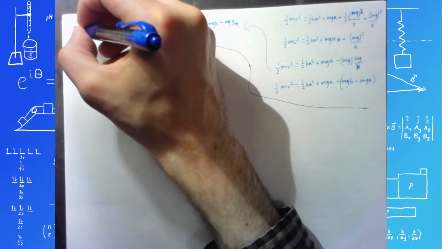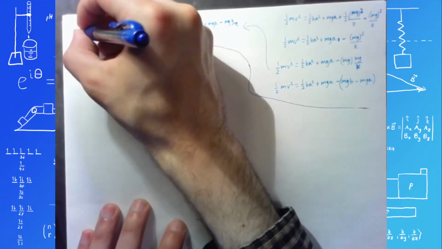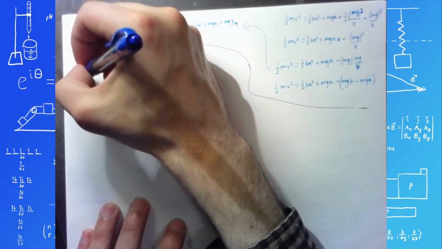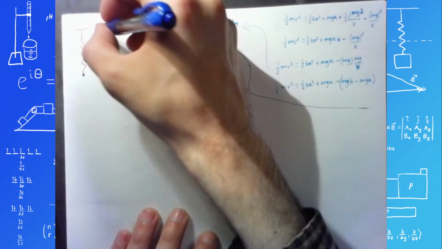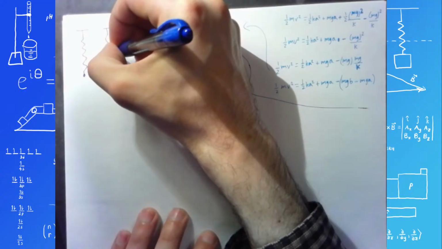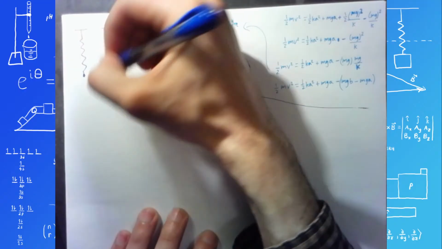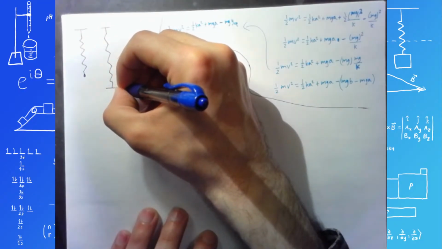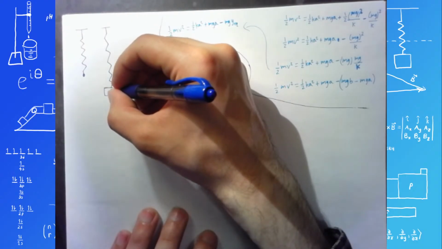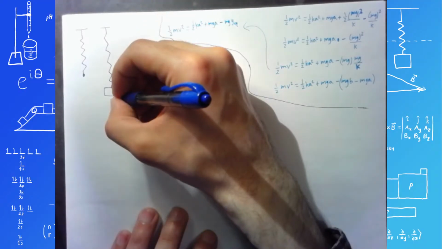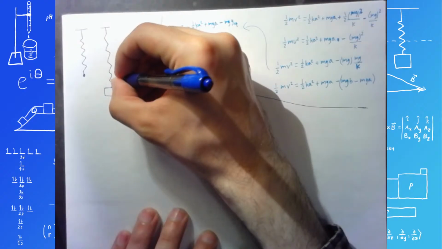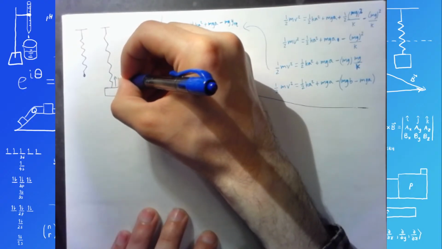Let's do this. So you've got an unstretched spring over here, and then it gets stretched a little bit up until the spring force balances with the weight of some object, up until mg cancels out with ky.